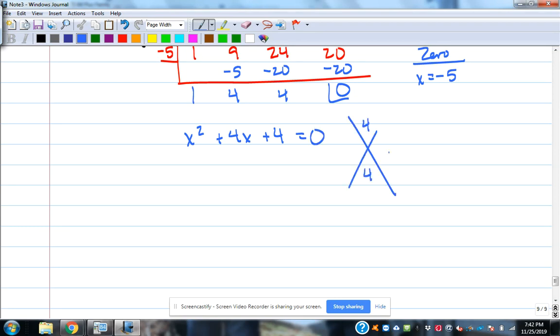Multiplies to be 4 and adds to be 4. 2 times 2. Shortcut to factoring, x plus 2, x plus 2. Notice that that factor shows up twice, right? So when I solve x plus 2 equals 0, I'm solving it twice.